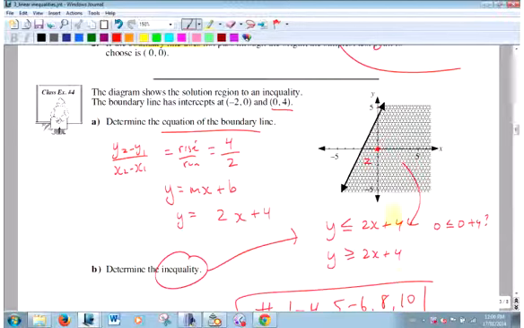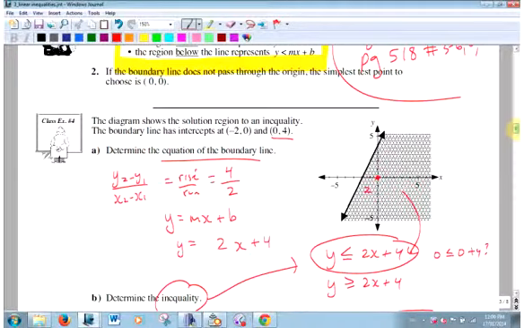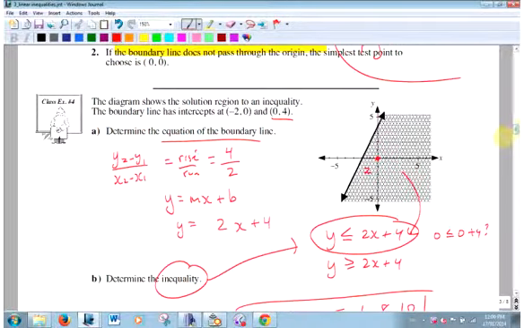Yes, it is. So that must be it. So kind of going backwards. Using the points, plug it in. You get 2.